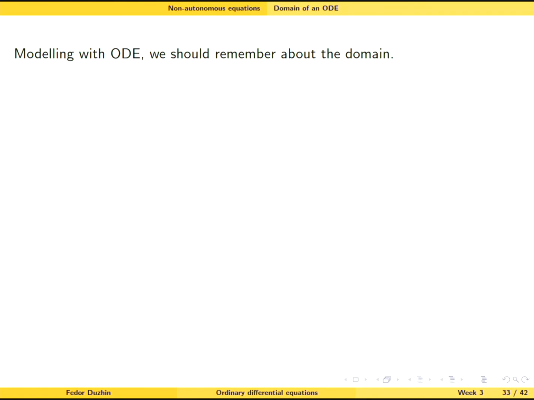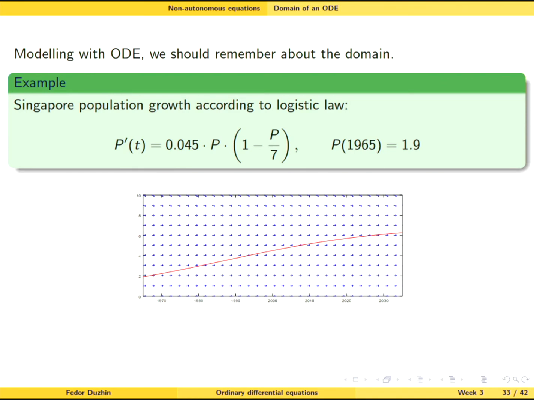And then I would like to say a few words about the domain of an ordinary differential equation, or the solution of an ordinary differential equation. Probably the easiest example to think about is, what if we want to model the Singapore population growth according to the logistic law? So it means that we set up the logistic equation.